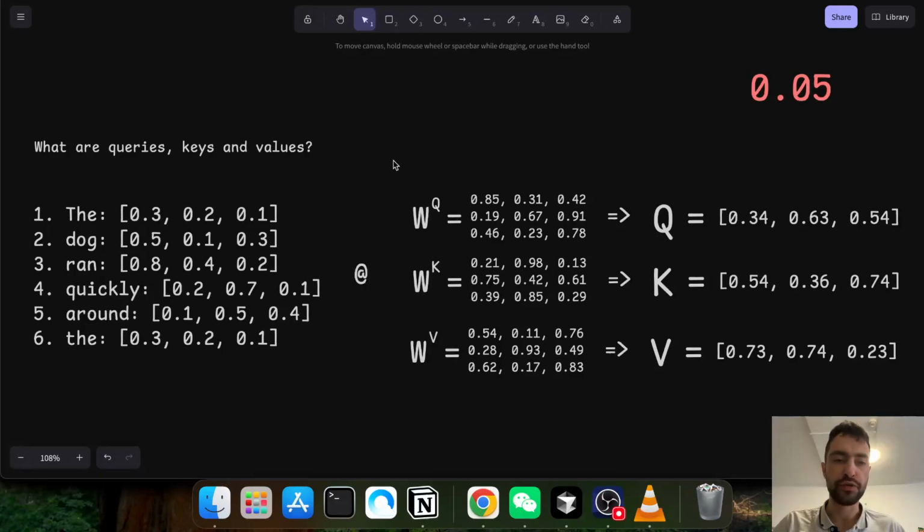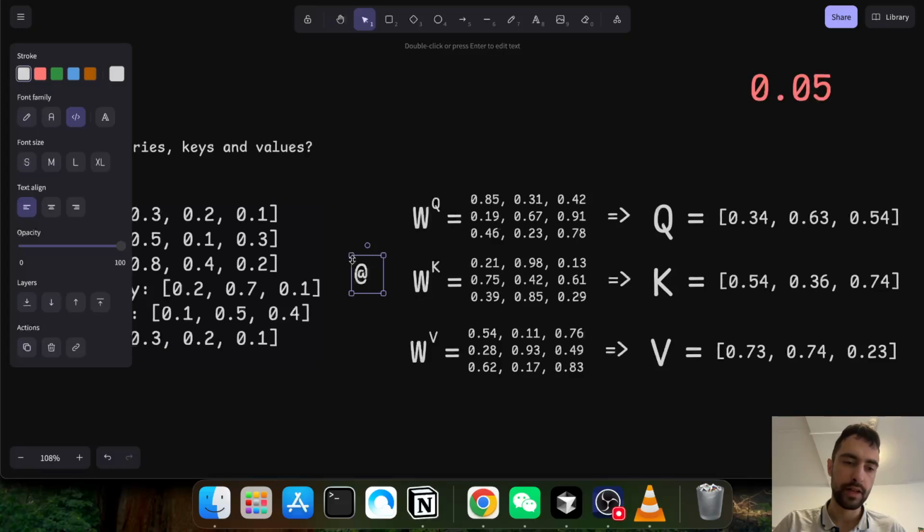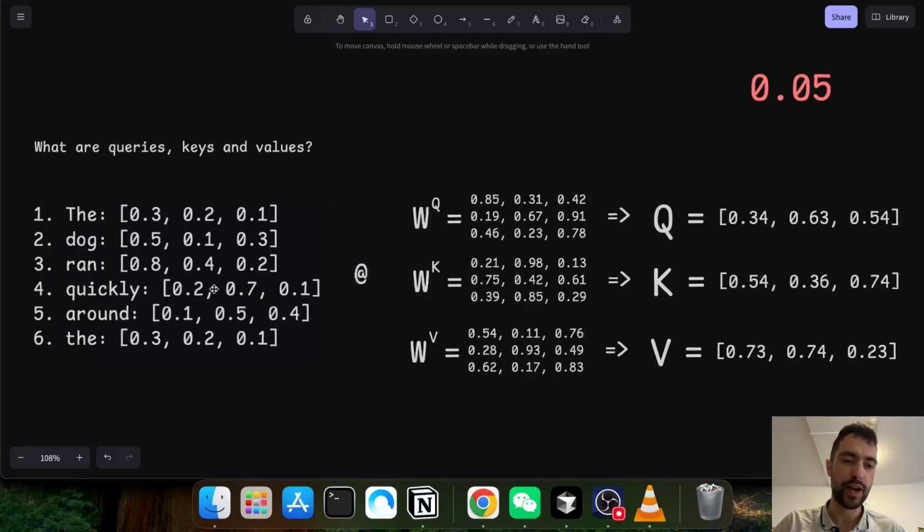So what converting to keys and queries does is, if you have these two tokens, these two vector embeddings that may not be similar, it's creating similar vectors, keys and queries, if the context should depend on each other.